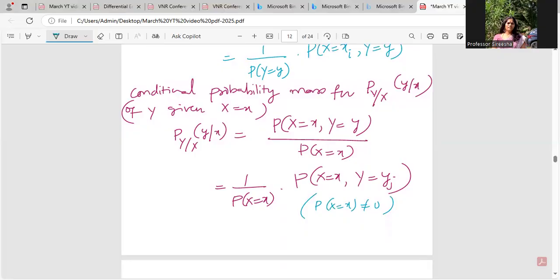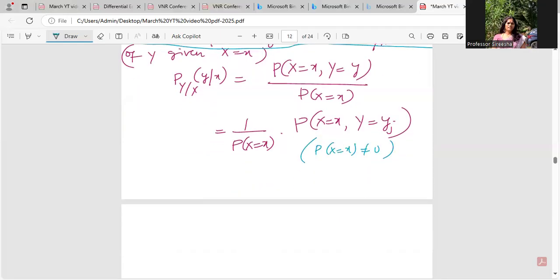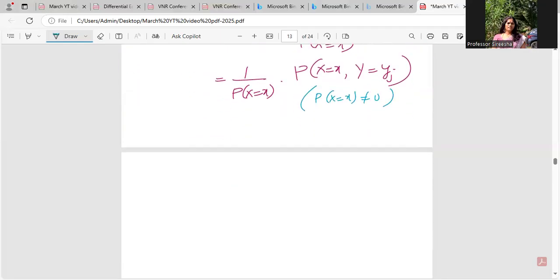This is it about conditional probability mass function. The word is conditional probability mass function, guys. Now, there is a necessary condition. If I use one word, mutually exclusive events, you know that, right? What are mutually exclusive events?